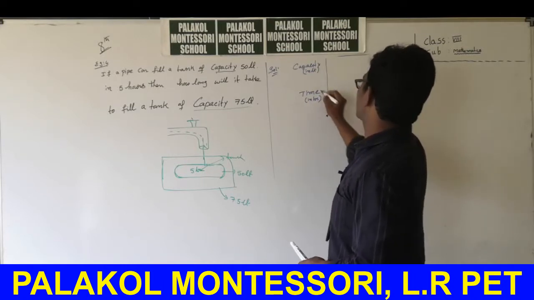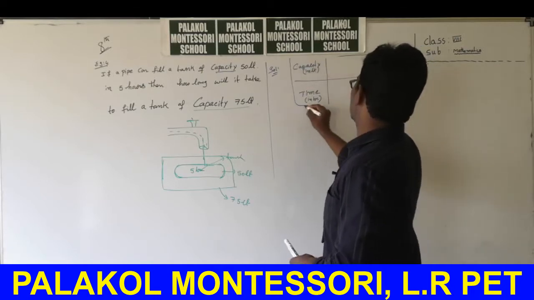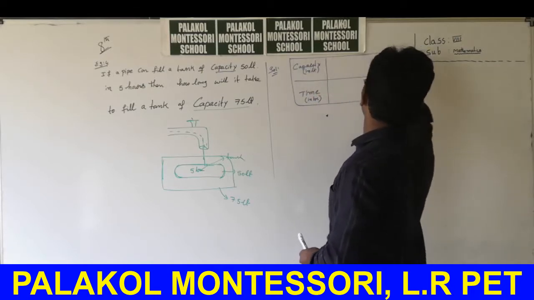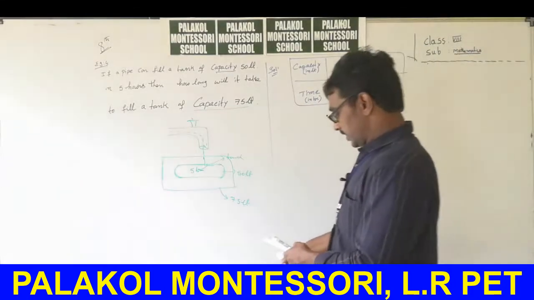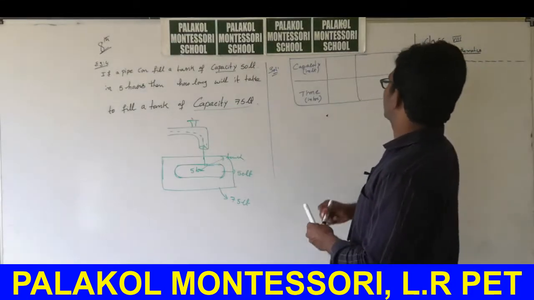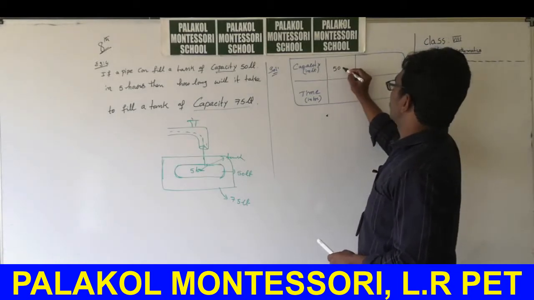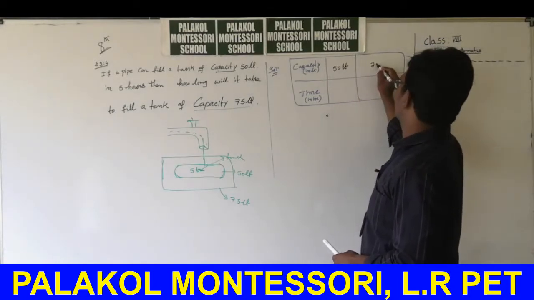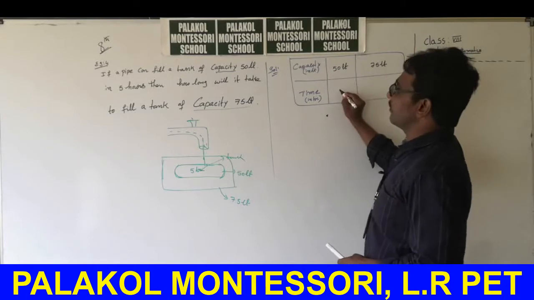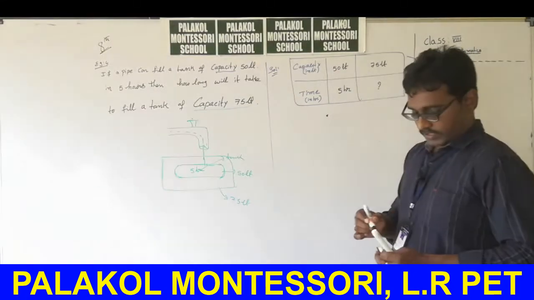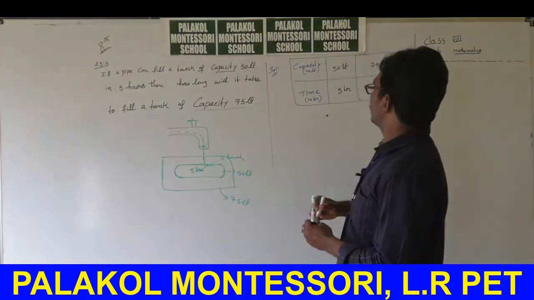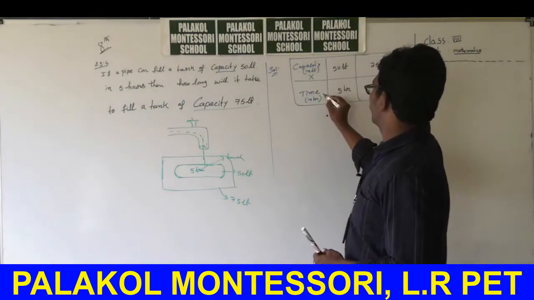Okay, put it in the box. Now see, what values are given? Under liters, you have 75 liters. The time taken for this one is 5 hours, but for the other it's not given, that's the question mark. So guys, this capacity you say x, this one y.